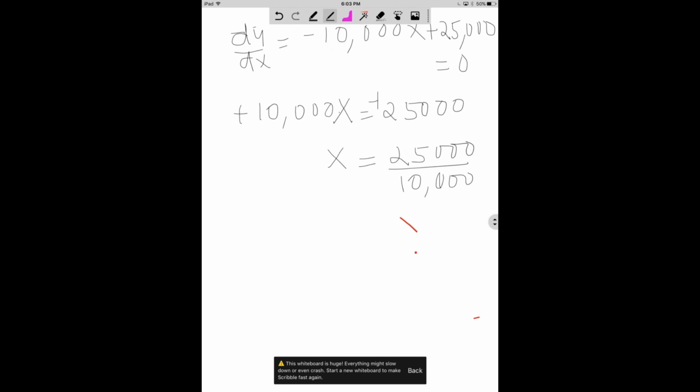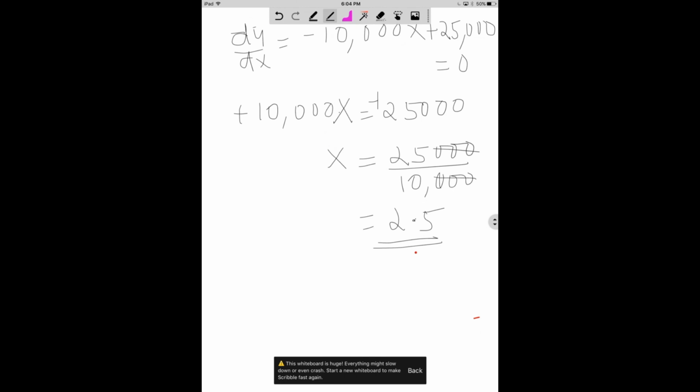You can cancel the zeros. You get 2.5. The discount is 10x, that is $25.